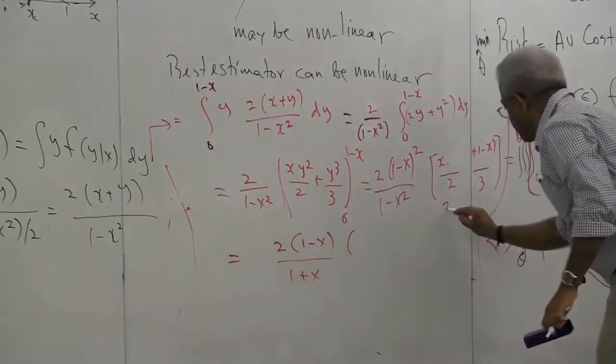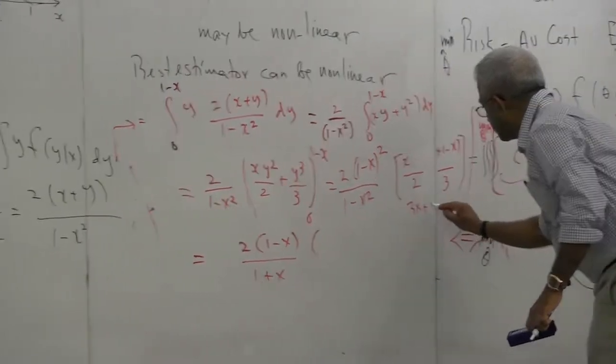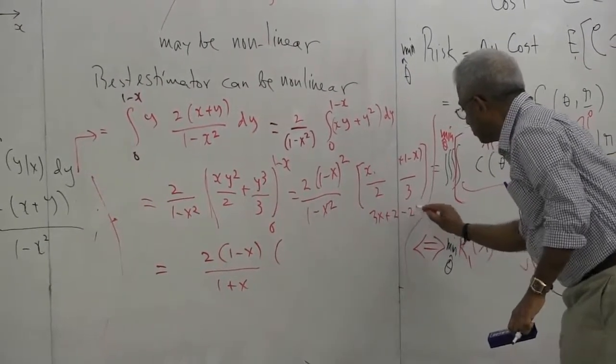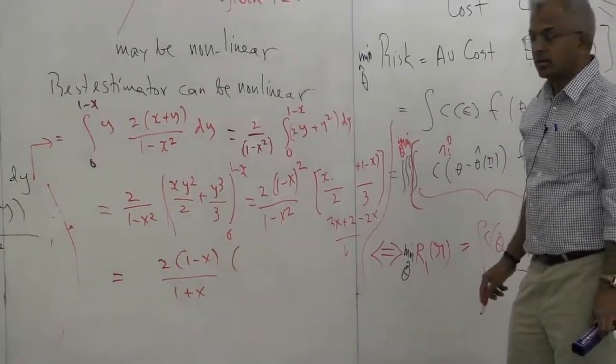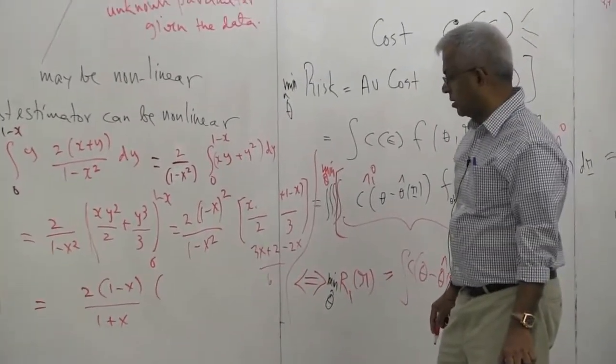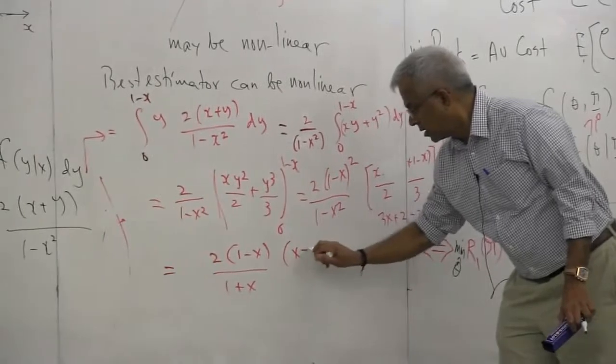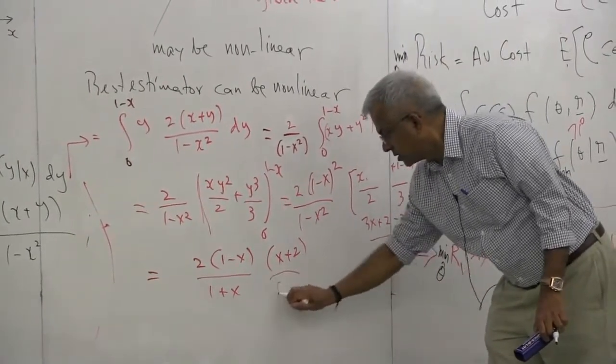What is it? So this is 3x plus 2 minus 2x over 6, right? So what is it? Yeah, x plus 2 over 6.